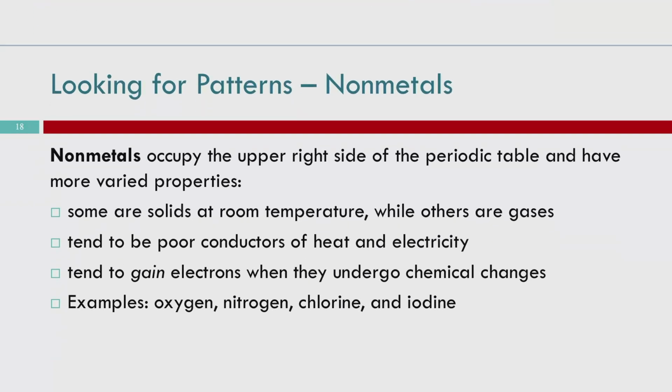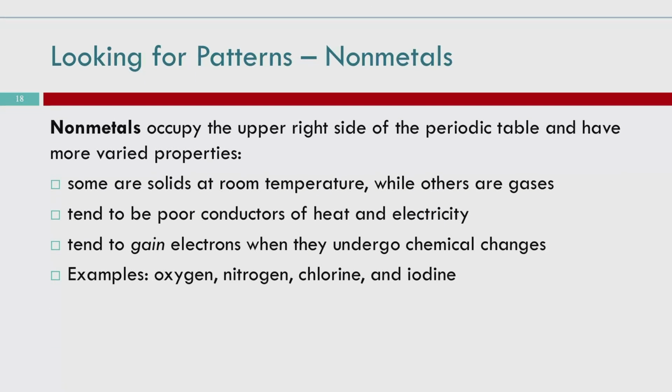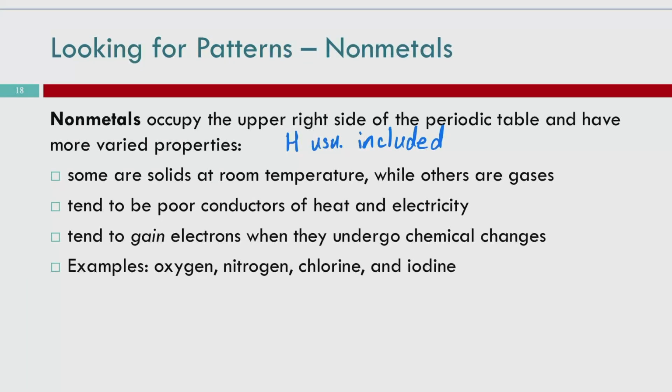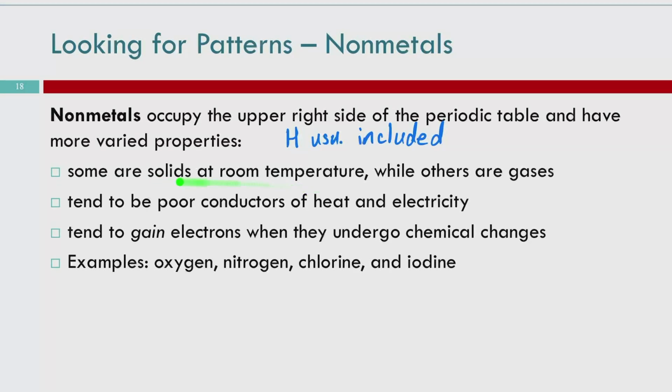Our nonmetals occupy the upper right side of the periodic table. Hydrogen is usually included in the nonmetals. So that's the one weird one, the oddball. And these are sometimes solids at room temperature, others are gases.